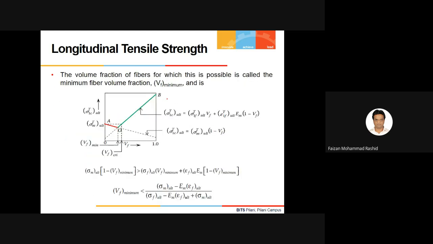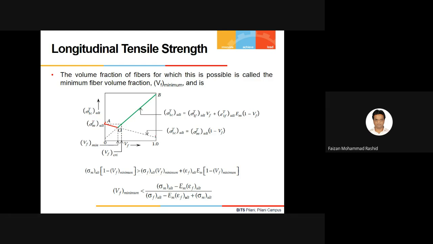Come here, I will show you one thing. This is the thing I actually wanted to show you. See what is there in this one. This is a plot, from here to here. I am putting the fiber volume fraction on the x-axis, and on the y-axis the ultimate tensile strength of my composite material.